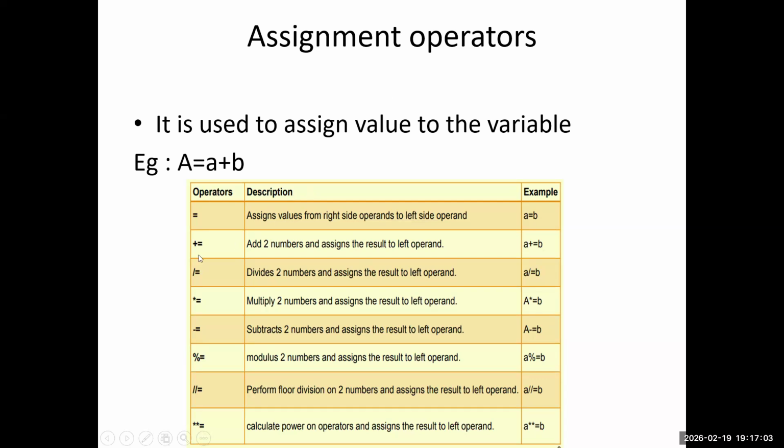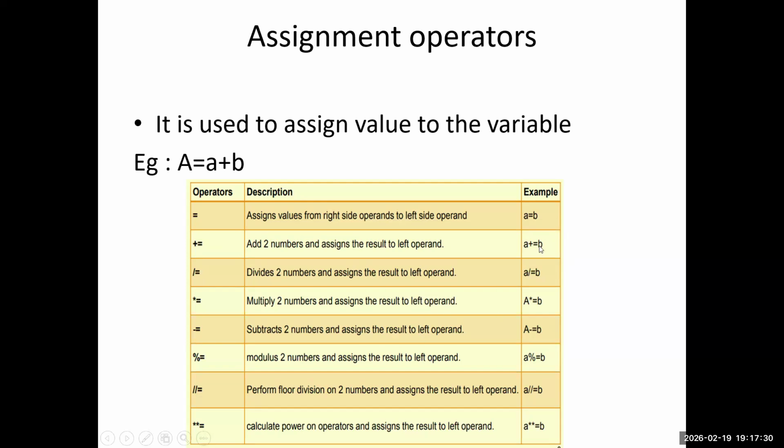In Python, you can use plus equal to, slash equal to, multiplication equal to, minus equal to, percentage equal to, double slash equal to, and double star equal to. In other languages these are called unary operators, but in Python they are called assignment operators.